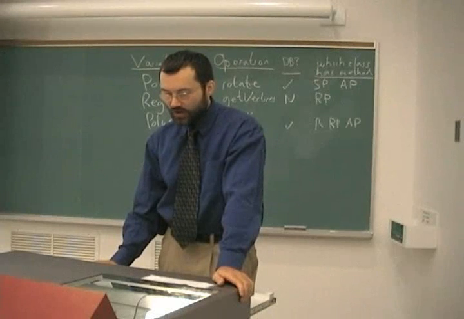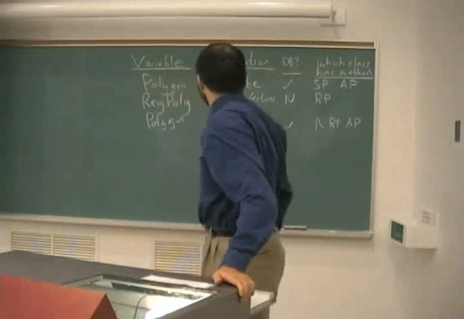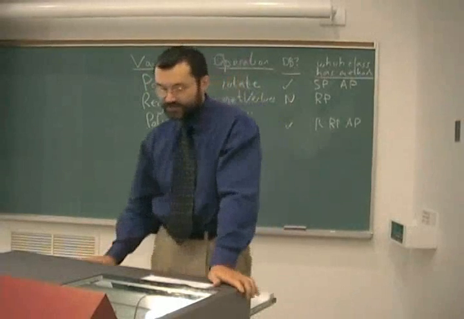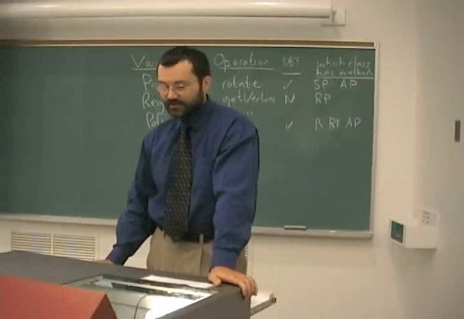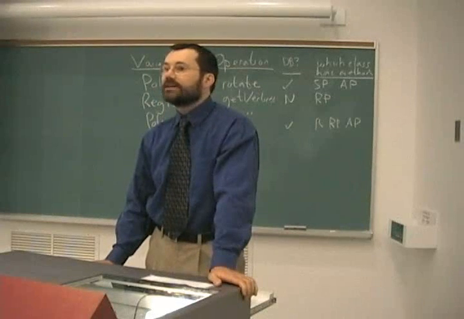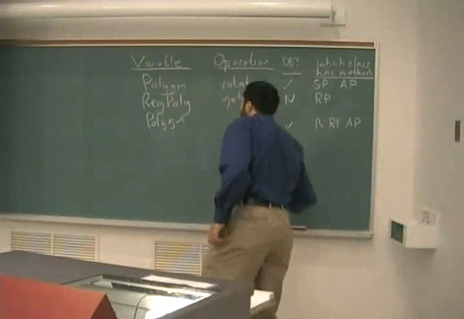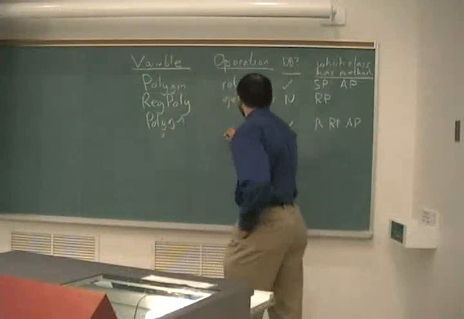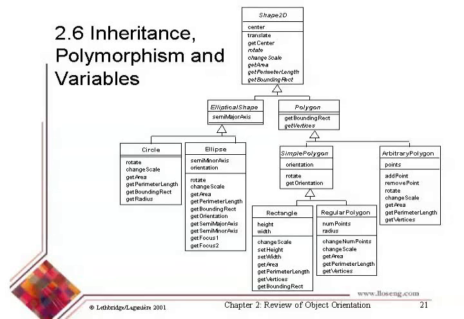And so the polygon get bounding rectangle case is a case where there is a choice. If I have a polygon and I call get bounding rectangle, let's just write that one down. Polygon and get bounding rectangle. I've given you the answer already, right?